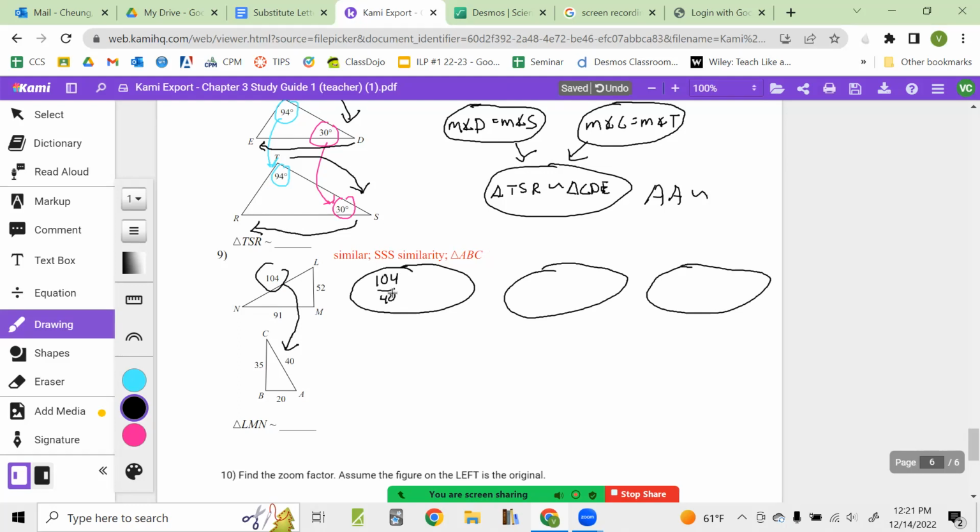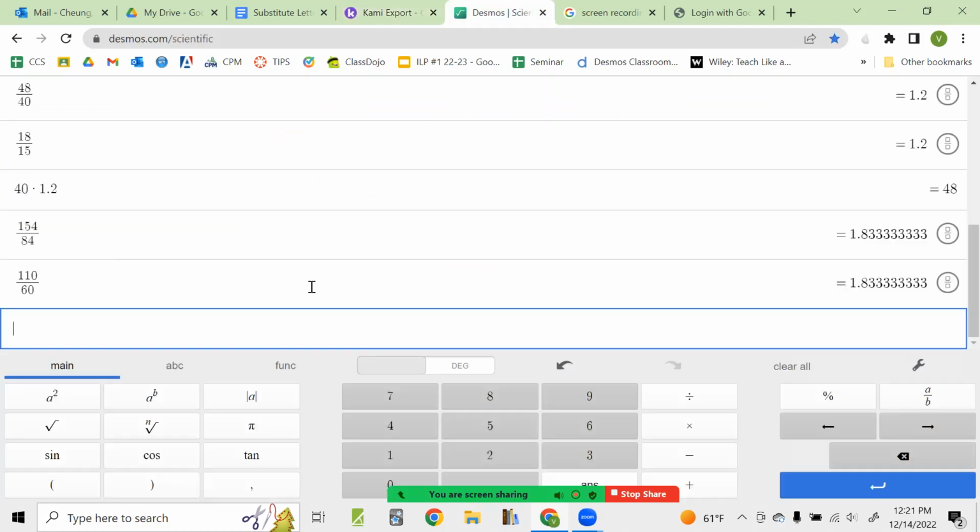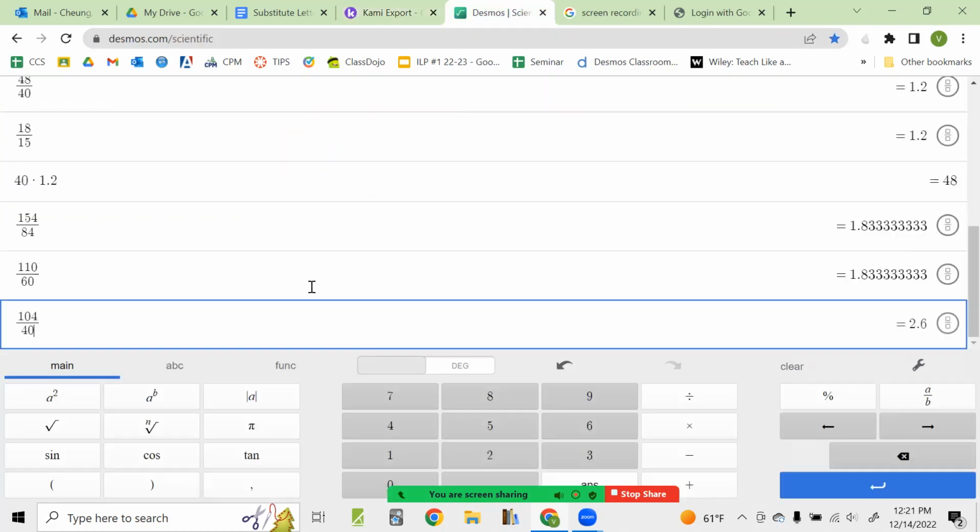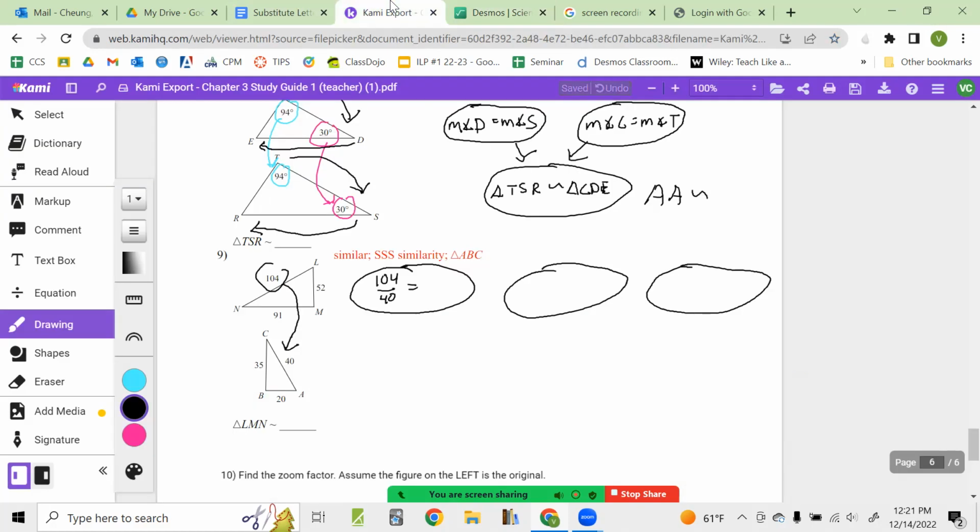104 divided by 40 equals 2.6. Next biggest, 91 and 35, right? 91 over 35, that's the middle size.